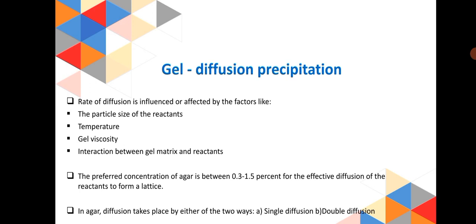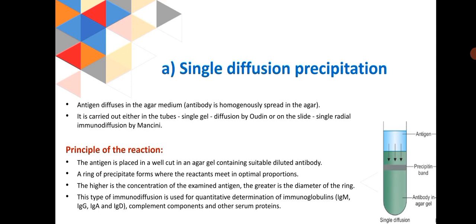The preferred concentration of agar is between 0.3 to 1.5%, with effective dilution of the reactant to form a lattice. In agar, diffusion takes place in either of two ways, single diffusion or double diffusion. Single diffusion precipitation: the antigen diffuses in the agar medium, while antibodies are already homogeneously spread in the agar.